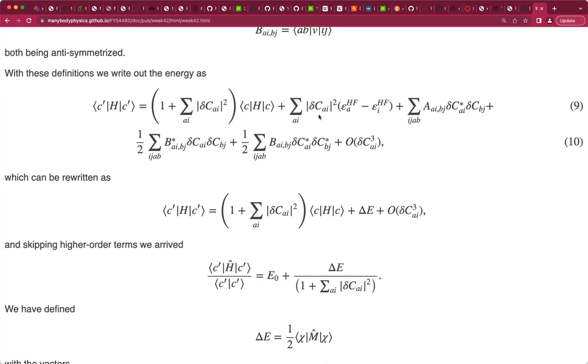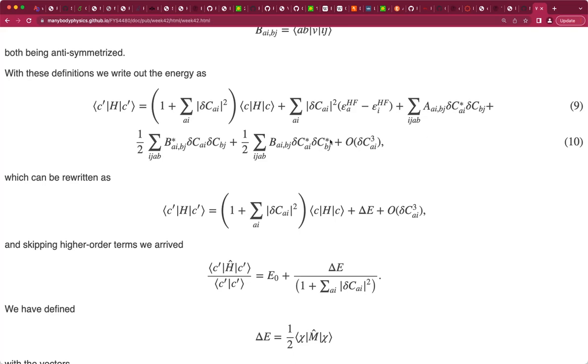So this is the complex conjugate times the non-complex conjugate, like we have here. Now, since you have a sum over A and I, that will be the diagonal element in a matrix of particle-hole configurations. Here you have a quadruple sum, and that becomes an element in a matrix which contains also non-diagonal terms.